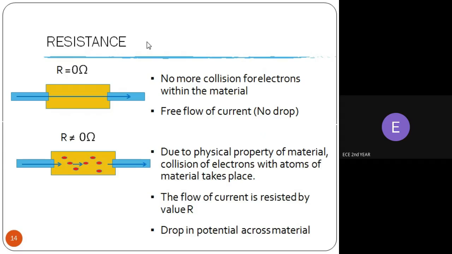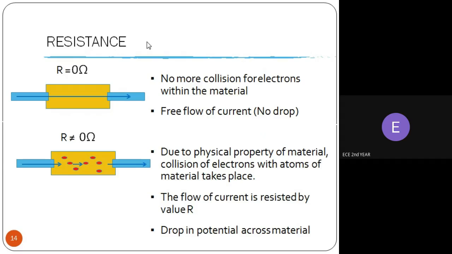In a material made up of metallic conductors, if there is no collision of electrons, there is free flow of current and no drop. Under this condition the resistance value is 0 ohms.